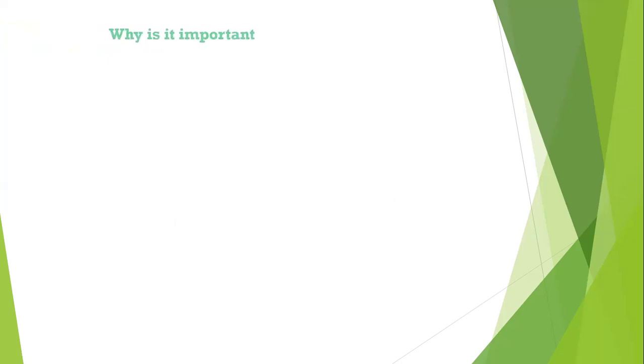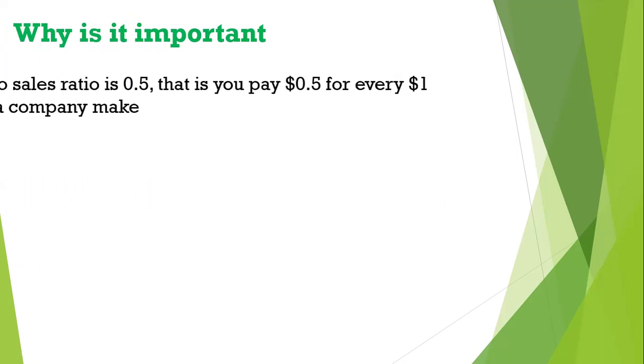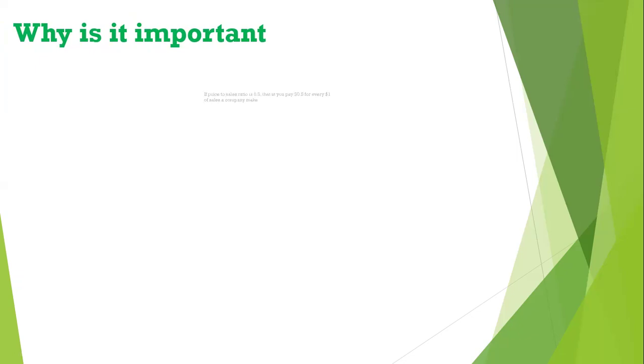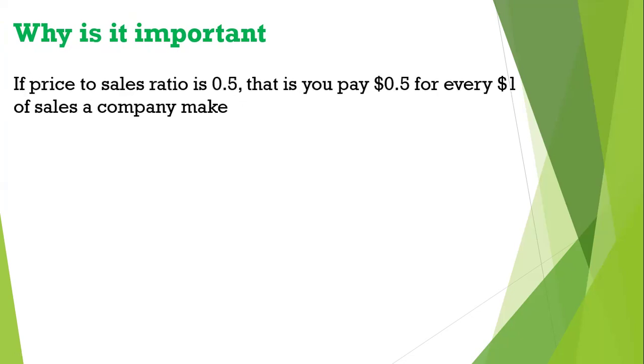Now, let's look at the next point. If your price to sale ratio is 0.5, you are paying 50 cents for every dollar of sales the company makes.